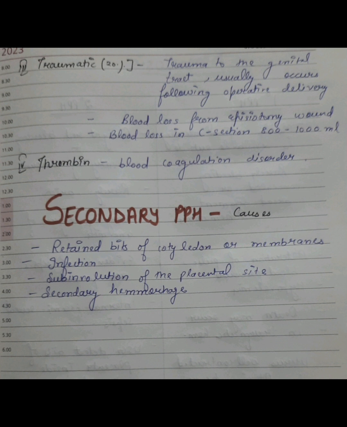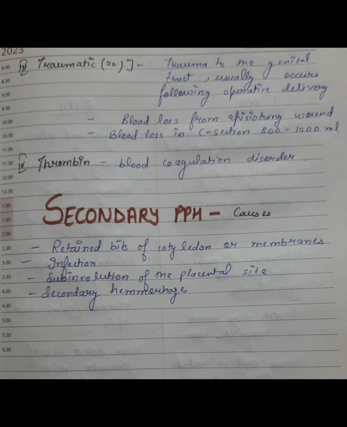Now secondary PPH causes are the same as primary PPH, but there is a little bit of difference. Cause of secondary PPH is retained bits of cotyledons or membranes. Second one, if there is any infection present. Third one is subinvolution of the placental site, right.